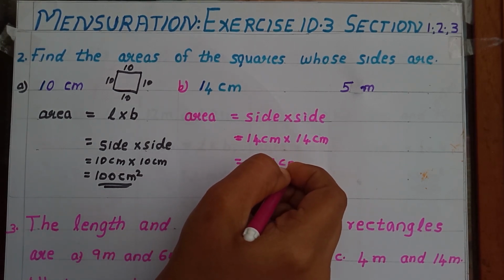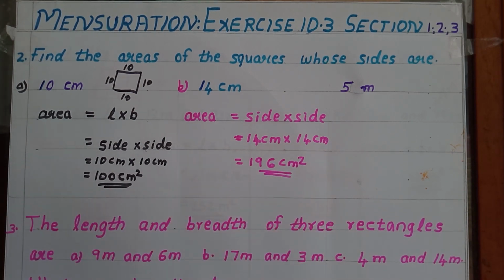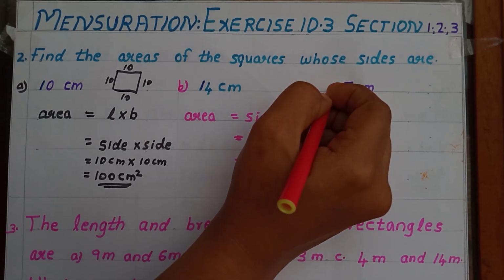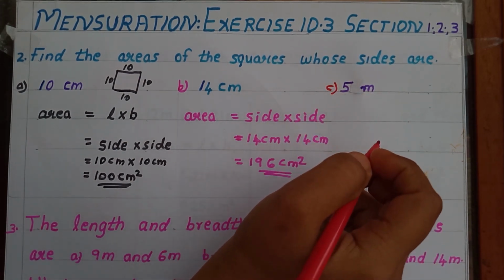Unit is centimeter square or square centimeter. For question number C, side is 5 meter.